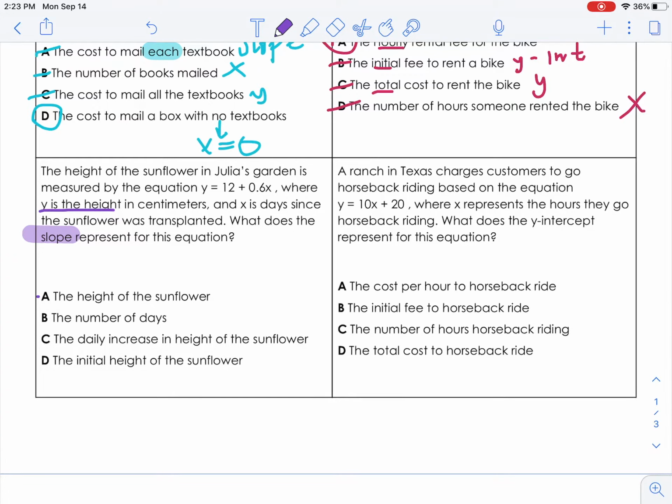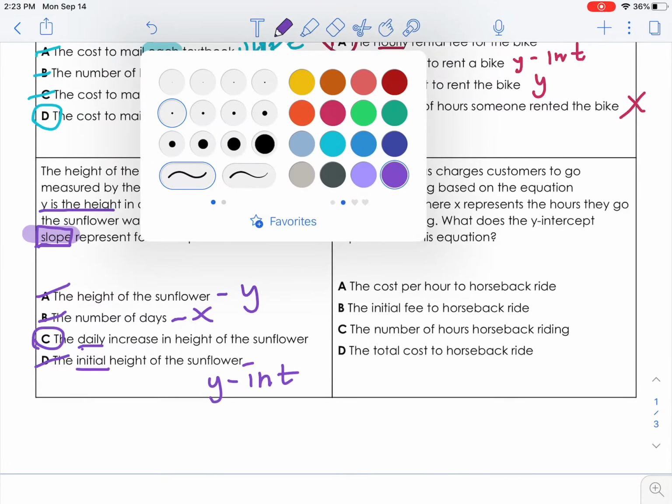The height, it says y is the height, so it's not A. That's the y. The number of days, x is the number of days. Incorrect. The daily increase, all right, so we're looking for slope, and it says daily, maybe. And then last but not least, it says the initial, and that would be the y-intercept. And this one's asking us for the slope, so it's going to be answer choice C.